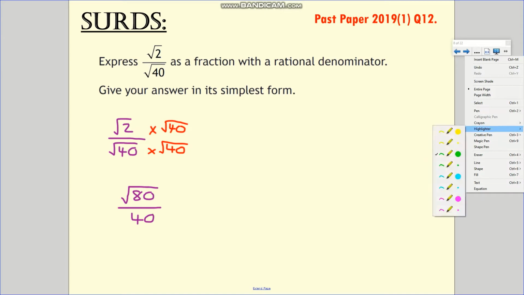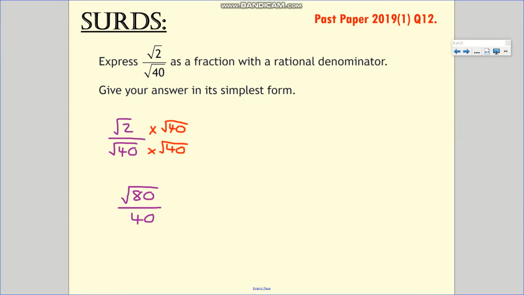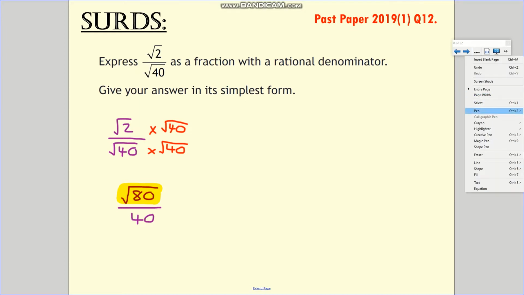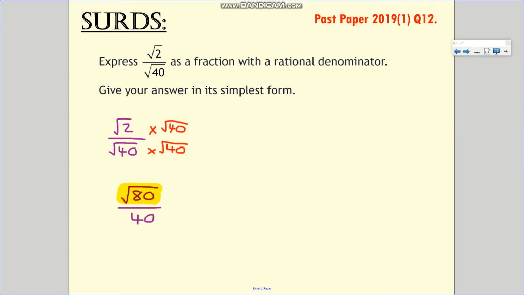The next thing I have to do with my calculation is check the top half of this fraction. Does this have any square number that can divide into it as a factor of 80? And in this case, yes, there is a square number that divides into 80.